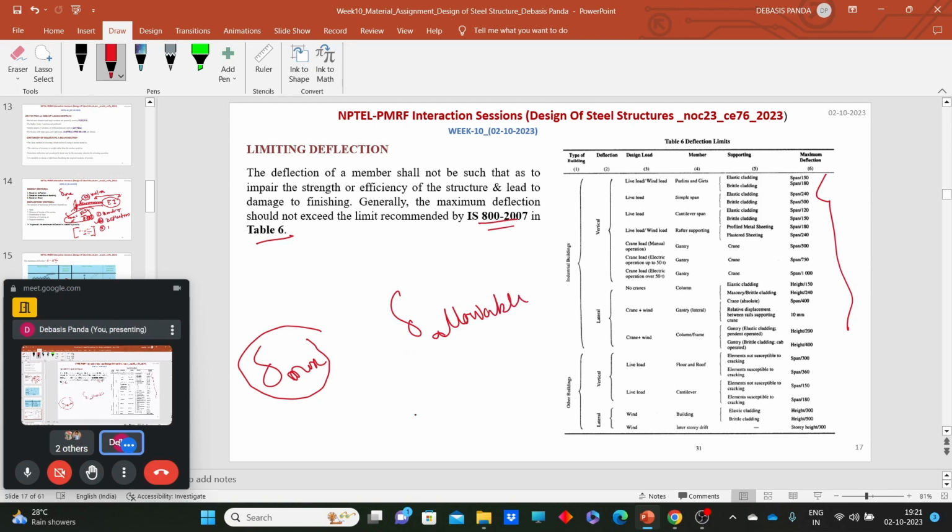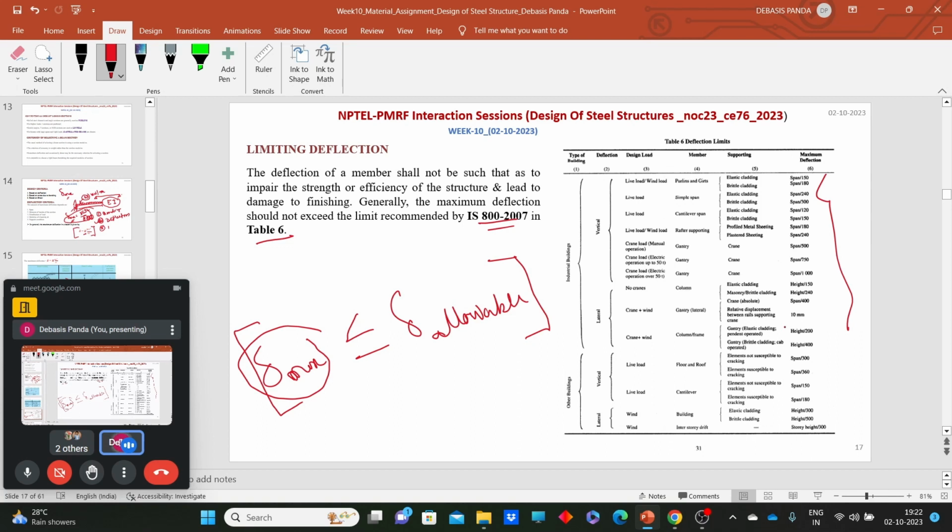Obviously, to make our design safe, delta max should be less than or equal to delta allowable. If that condition is satisfied, then we can say that the beam which we are going to design will be safe against deflection.